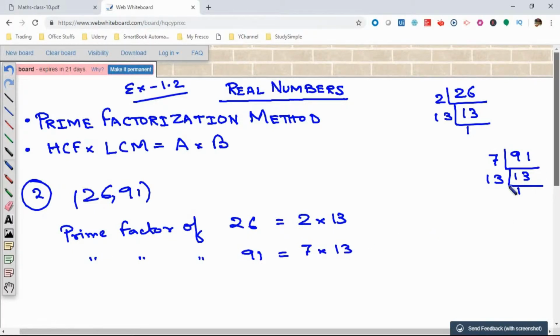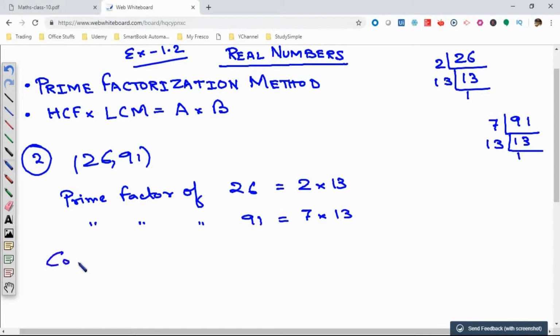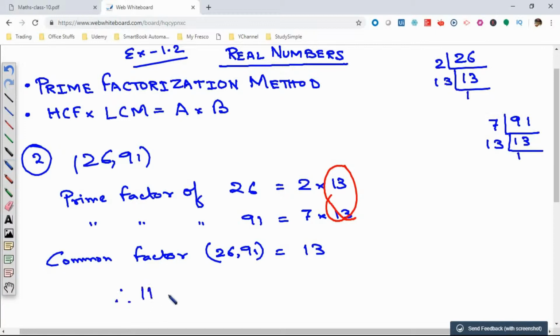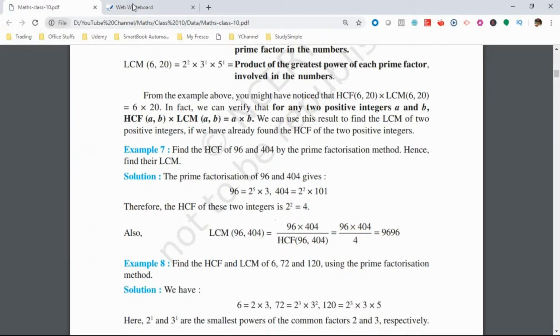The common factor of 26 and 91 is only 13, because out of these two numbers that is the only common one. Therefore the HCF is 13. There are no other common terms.